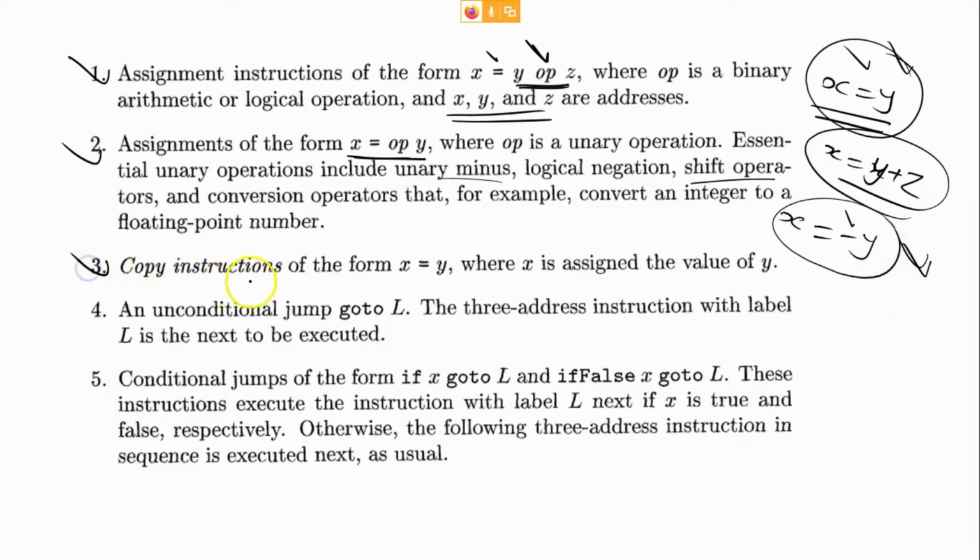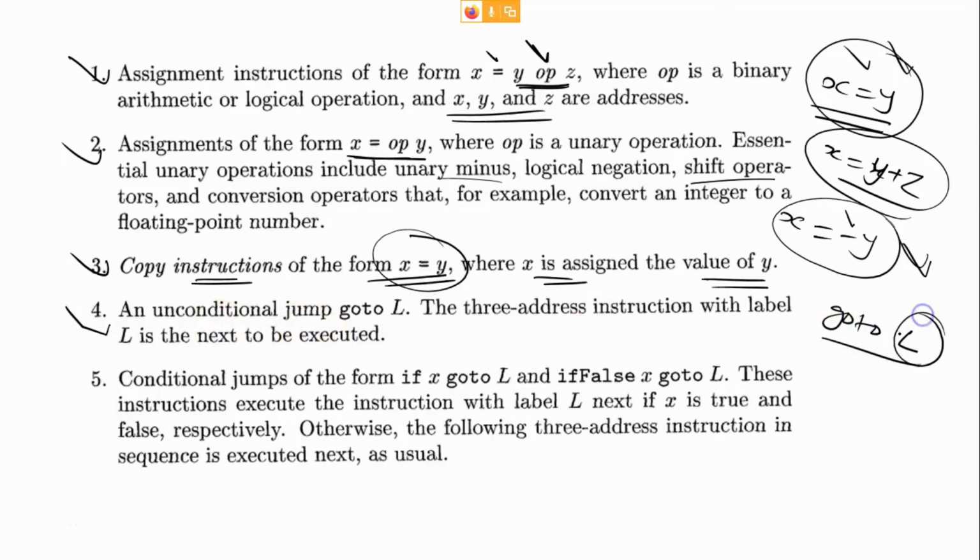Next, the third is the copy instruction, x = y. So basically x is assigned the value of y. This is also a three address code instruction that we will use. And the fourth is our unconditional jump, basically goto L. This L is a label for some instruction.